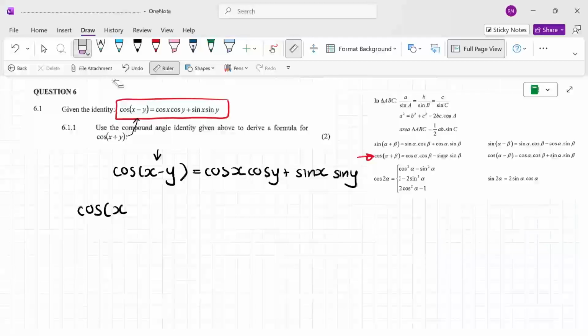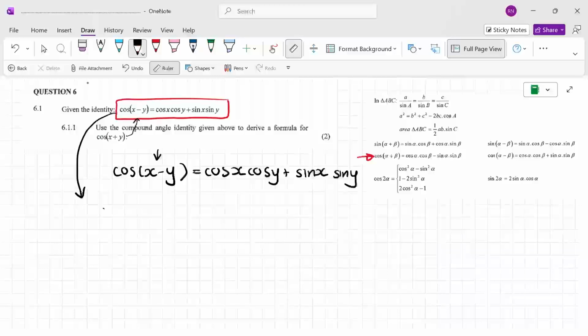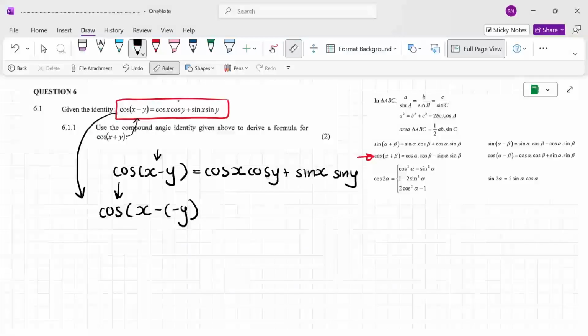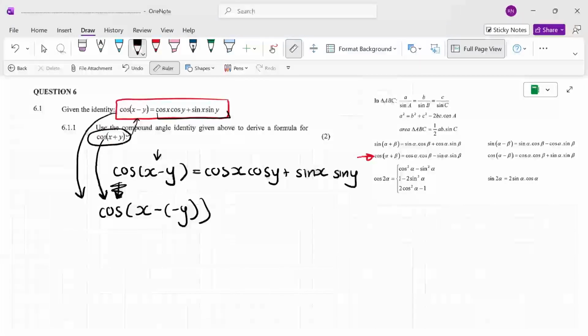So I'm rewriting this as cos of x minus, y. Because we have the formula for cos of something minus something, right? But I'm rewriting this in terms of something with a negative there, because I know that if I have a negative, then I can write this with whatever the angles I'm given. So I rewrote cos of x plus y in terms of cos of x minus y.